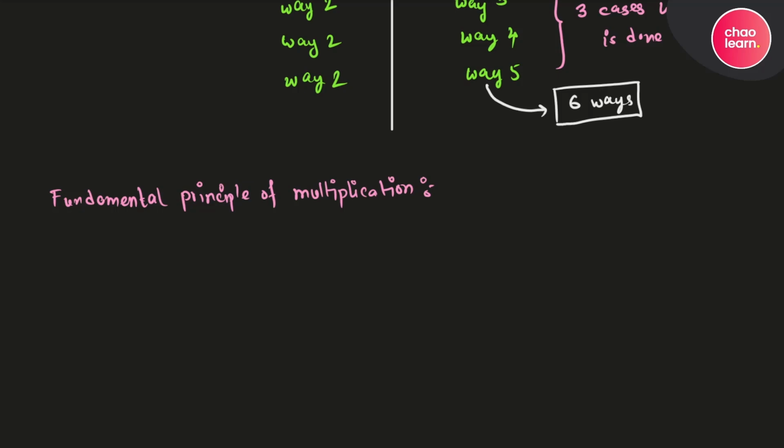So the fundamental principle of multiplication, the statement says, if jobs J1, J2, J3 all the way up to Jn can be performed independently.